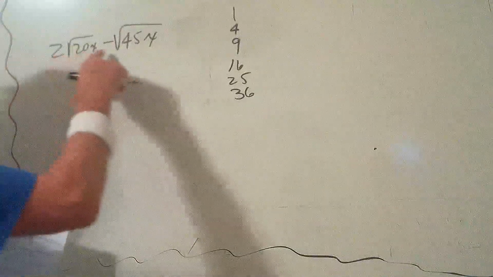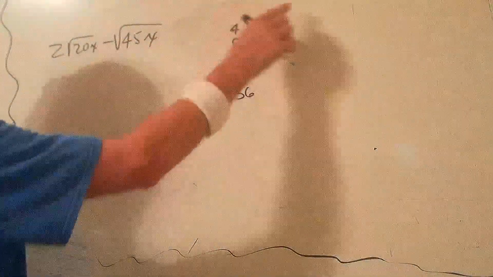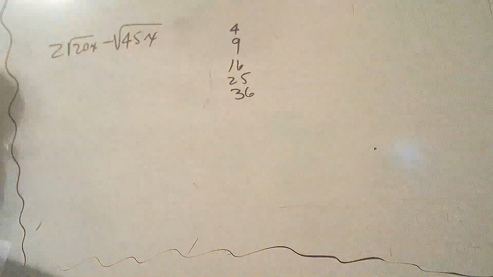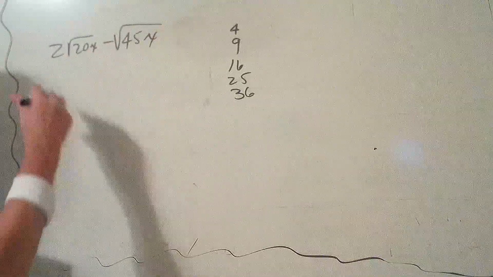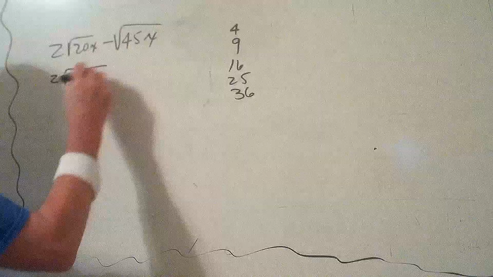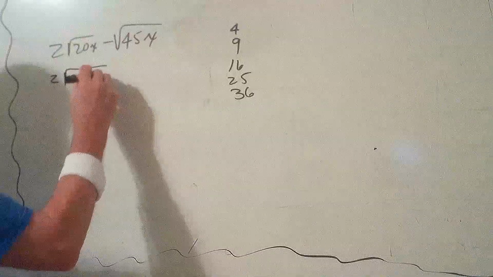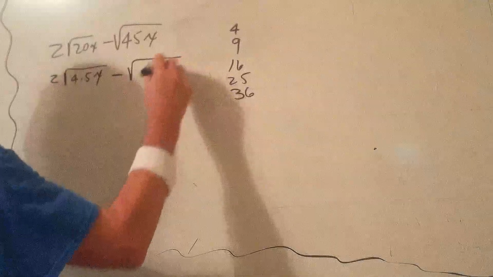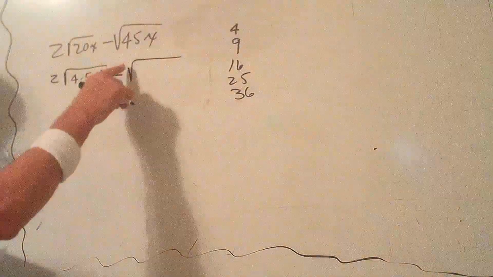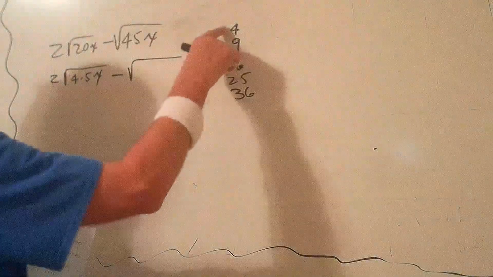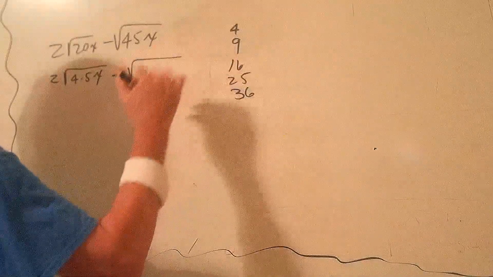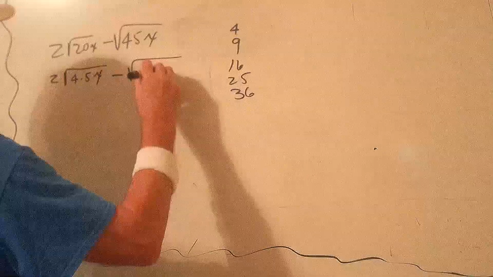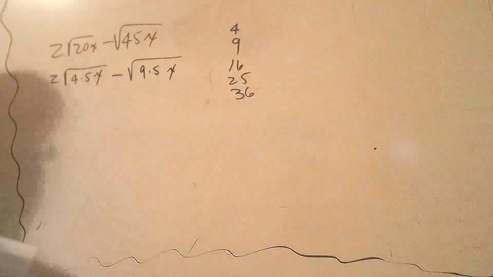Well, 1 going into 20, let's not even consider 1 because it doesn't really help us any. Well, 4 going into 20, oh yeah. So we have 2 times the square root of 4 times 5, don't forget the x, minus the square root of, okay, what'll go into 45 evenly? Well, 4, no. Well, 9, oh yeah. 9 times 5, and again, don't forget the x.